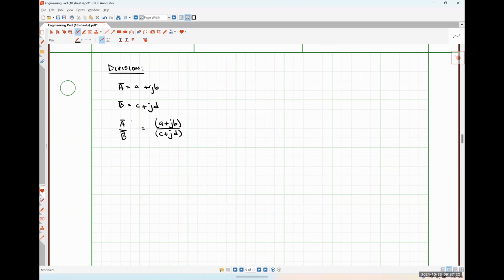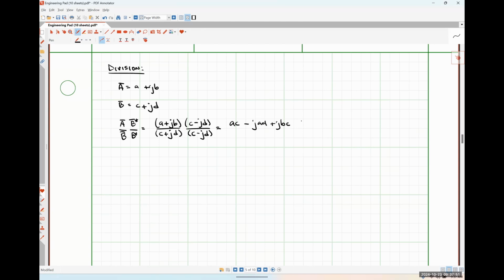So if I multiply this by B conjugate over B conjugate, that would be C minus jD over C minus jD, like so. And so now I will have AC minus jAD plus jBC.